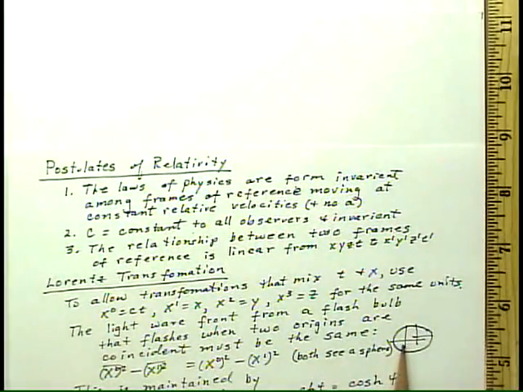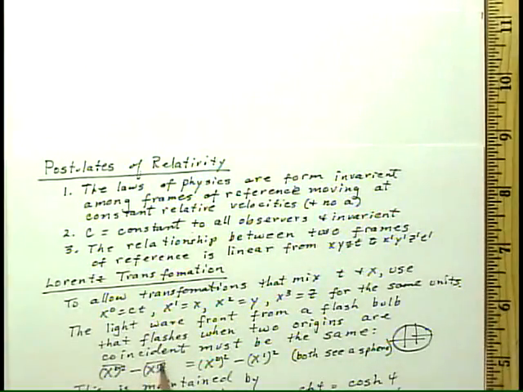We're just going to imagine a coincident sphere, but we only need the x direction for this, so we're not going to use the y and the z direction. And so what we're looking for is an invariance between x0 squared and x1 squared in the bar frame. That's the one where I've drawn a bar over it, the moving frame, and the unbarred frame.